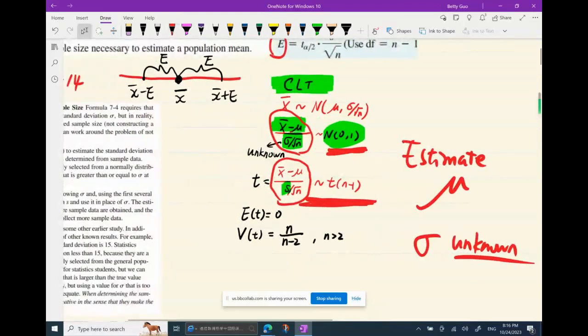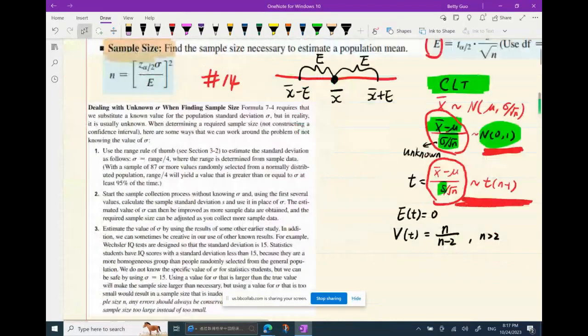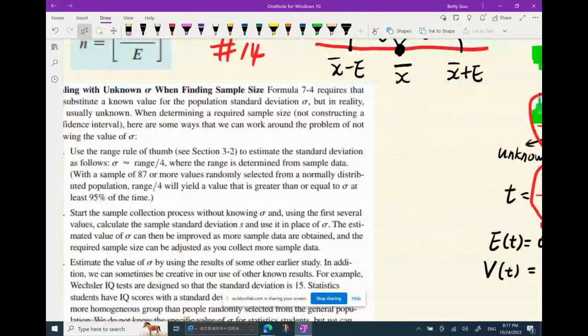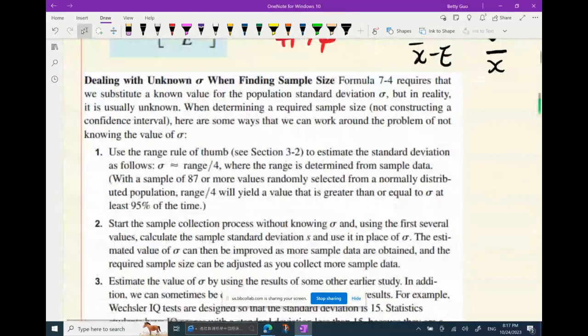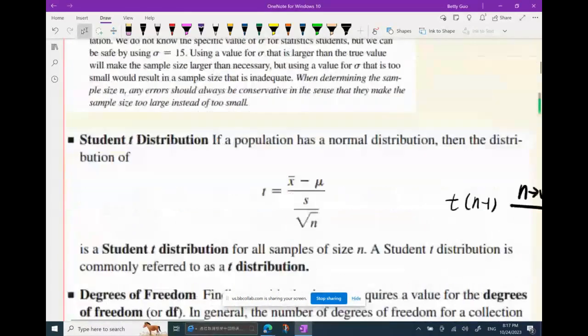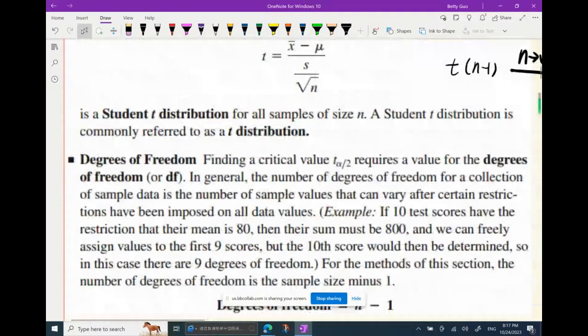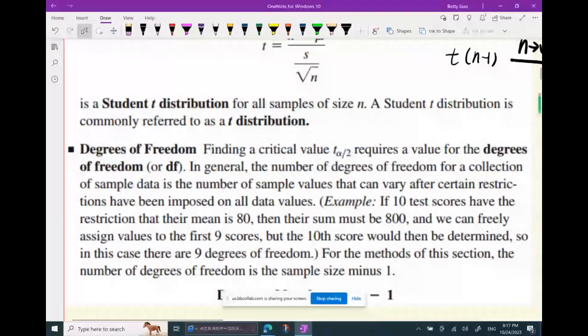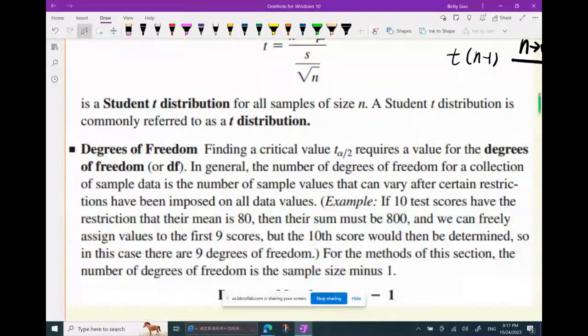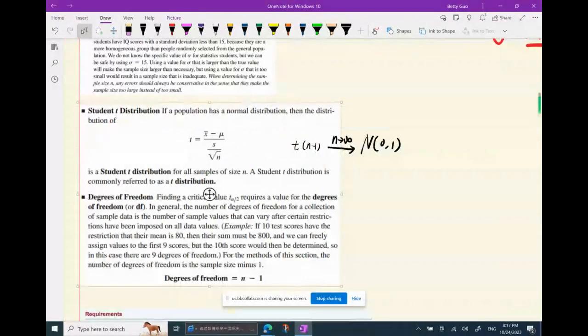The T distribution was discovered by this guy. What's his name?